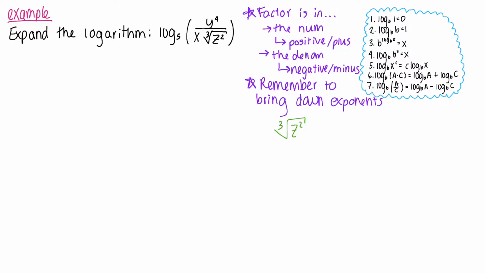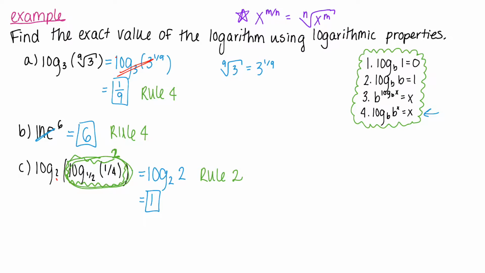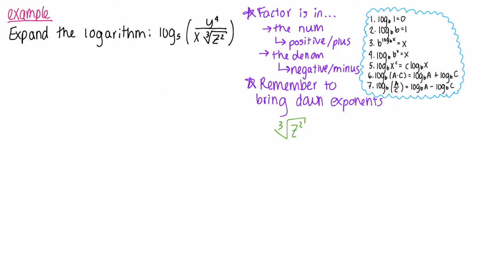If you remember way back here, I wrote that if you have the nth root of x to the m, it gets written as x to the m over n, so the power is in the numerator and the root is in the denominator. Well, we can do that here. So this is the same thing as z raised to the power in the numerator, root in the denominator. So z raised to the 2/3.